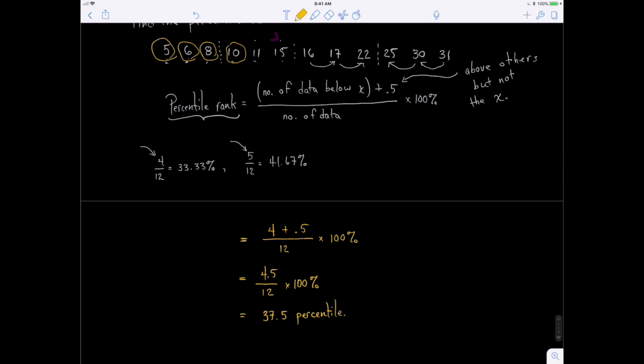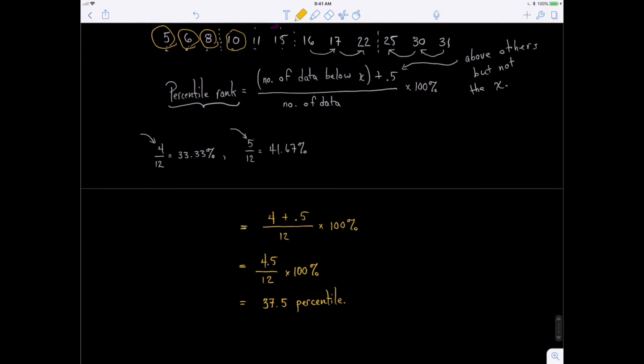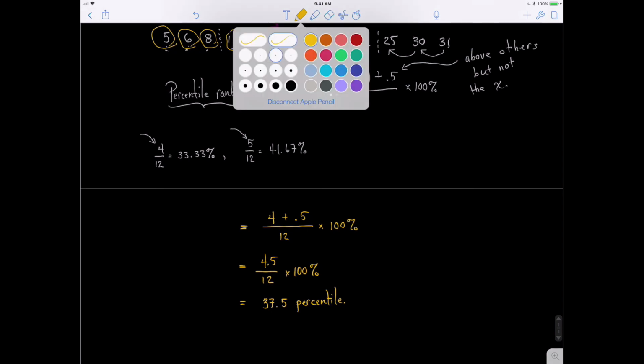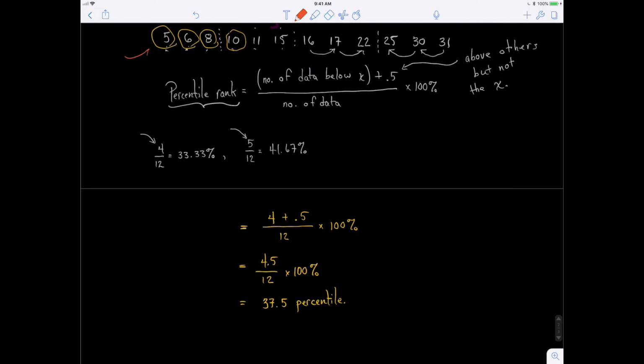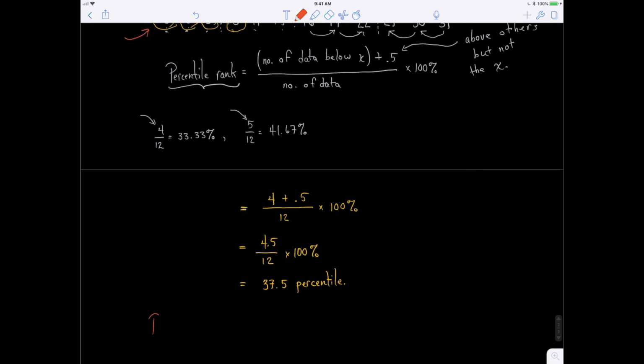And you can follow that process for any data value in the set. The interesting one is, what about 5, the lowest data value in the set? If I wanted the percentile rank of 5, well, notice that there are 0 data values below it. So I would just use 0 plus 0.5, divide that by 12, and multiply it by 100%.